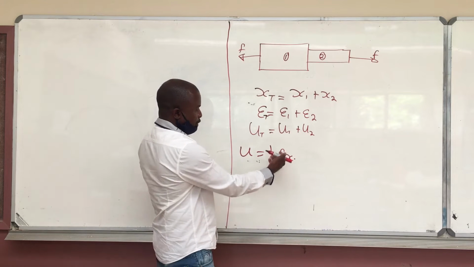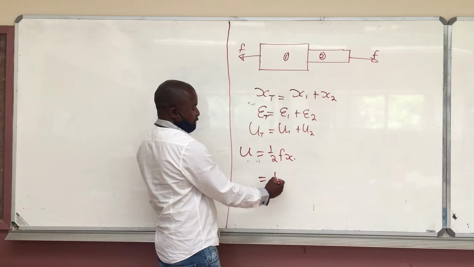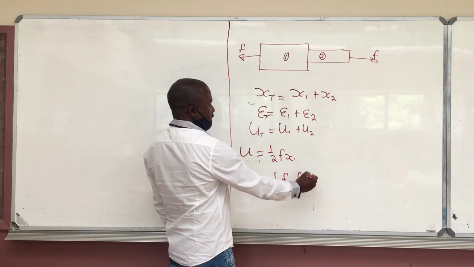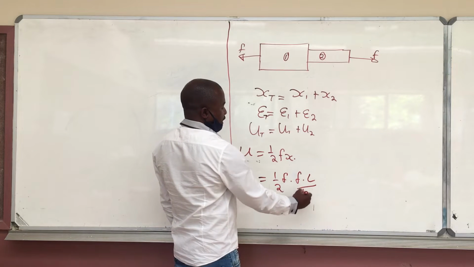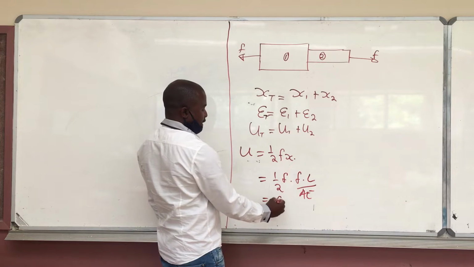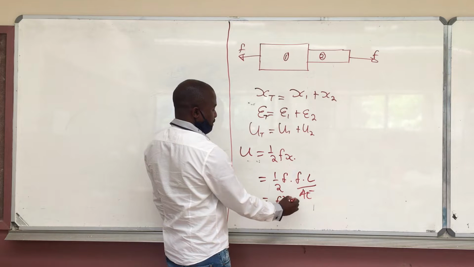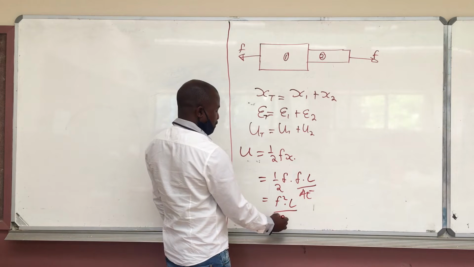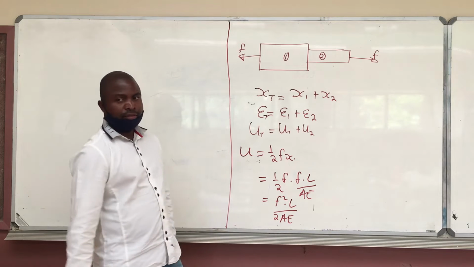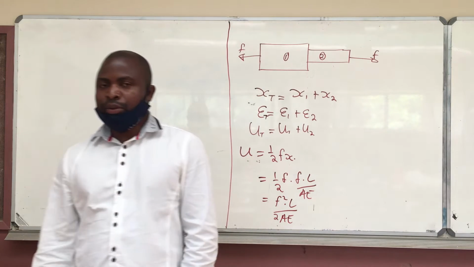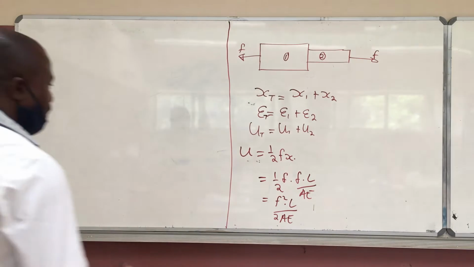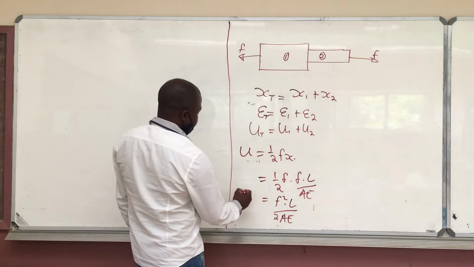So when we substitute here, we end up having 1 over 2 force times L over AE, which gives us F squared times L over 2AE. So that ends up being our equation to calculate strain energy.